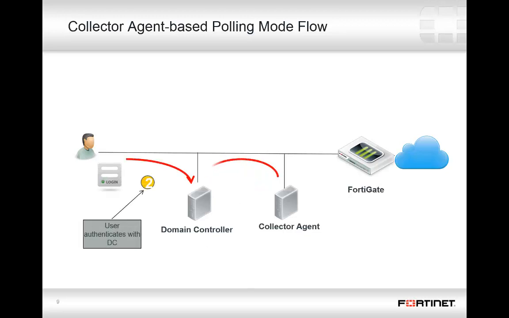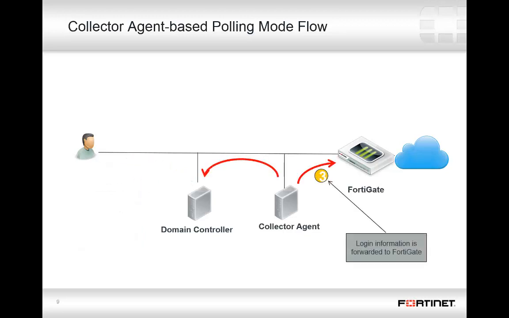If any user has logged in since the last poll, the DC replies with that. Finally, the collector agent sends the login information to FortiGate. This is the same as the DC agent mode.